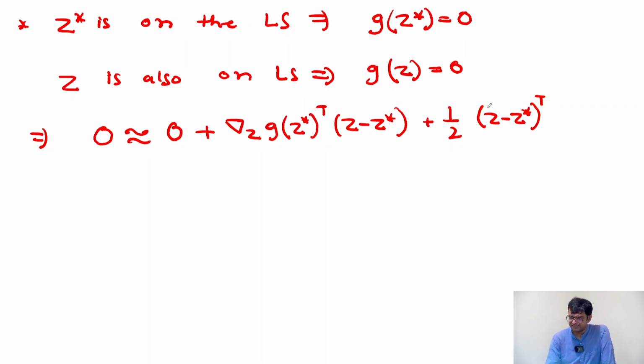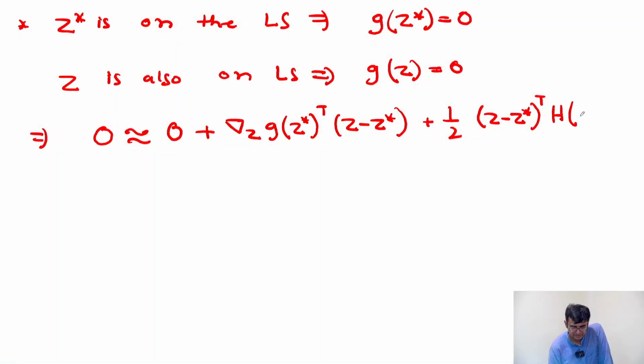Now there is a second order gradient term, that is nothing but the Hessian. I don't want to write grad square, so I will call it H, where H is my Hessian matrix, times (z minus z star).